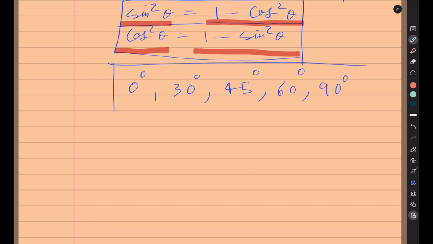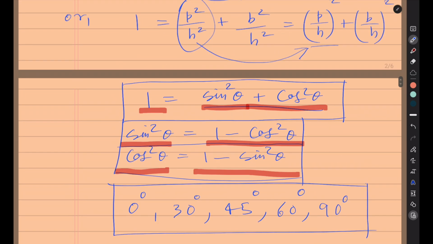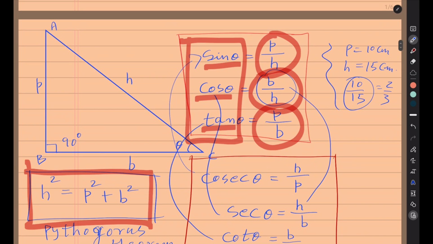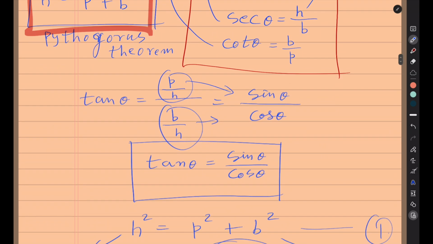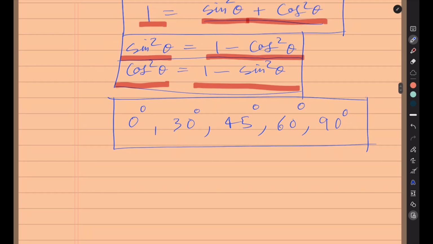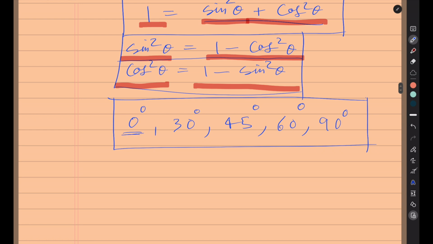These are the main angles on which we will concentrate, although this theta angle can vary and can be anything. It could be 31 degree, it could be 62 degree, or whatever. But just for simplicity's sake, we will focus on 0 degree, 30 degree, 45 degree, 60 degree, and 90 degree angle. So these all will be the values of theta. That we'll see in the next video.